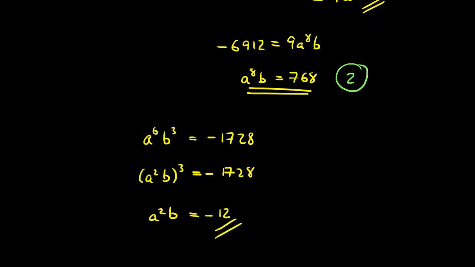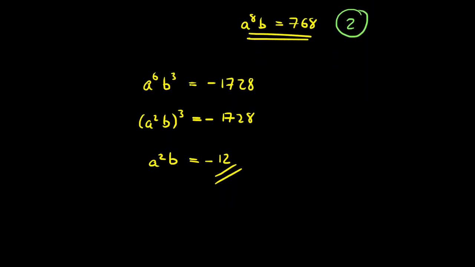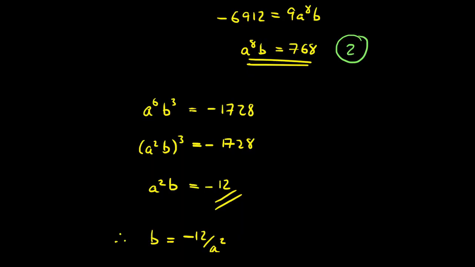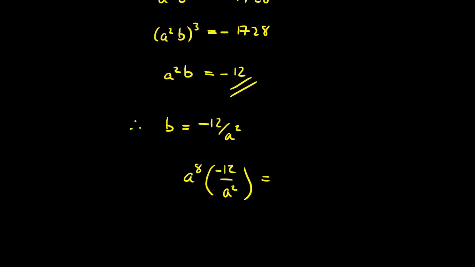So that's what I want. That's fantastic. Okay, well, if that's the case, then I can substitute this into equation 2. So I'm just going to rearrange. So I can say, therefore, b is going to be equal to minus 12 upon a squared. And I can substitute that into my equation 2. So I'm going to get a to the power of 8 times my b, which is minus 12 upon a squared, is equal to 768.